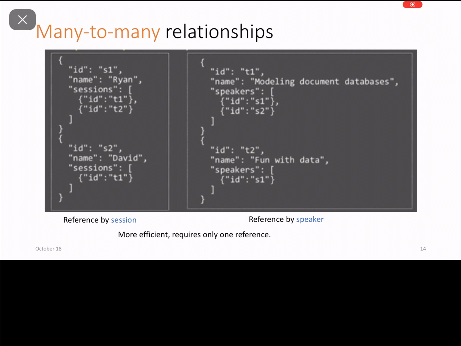Unlike relational, where you only have a join from the primary entity to the foreign entity, in NoSQL, a many-to-many relationship can have referencing from multiple directions. So you can reference by speaker, and you can also reference by session. Therefore, this is a strength of NoSQL which makes it very fast. It is also able to reduce the number of joins by half, because just now we had 2 joins, now we only need a single join.